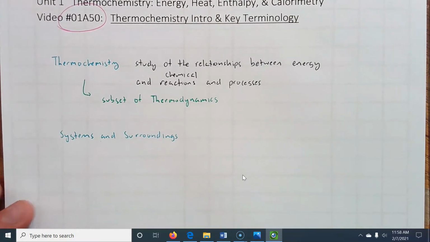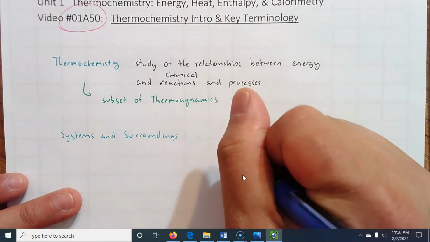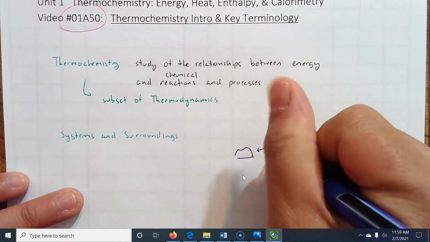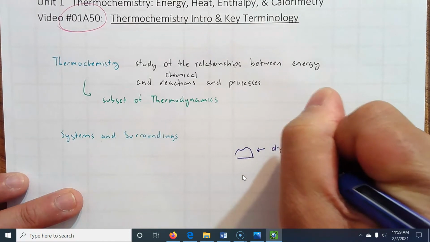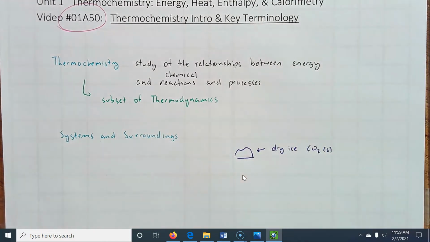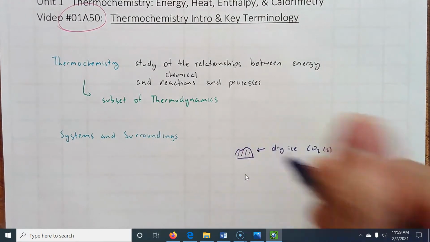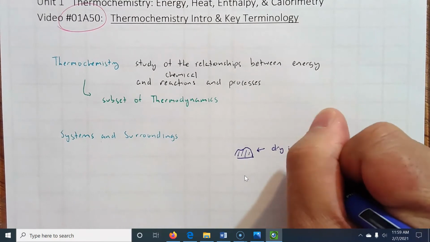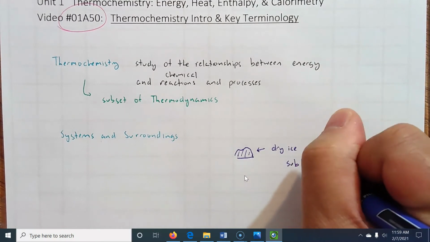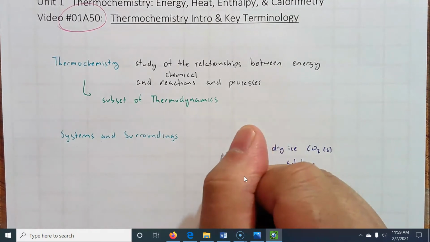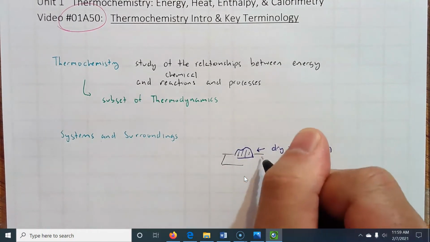And for example, let me put here a cube or a chunk of CO2, dry ice. CO2 solid. And you know that the solid will sublime. It will change into a gas, bypassing the liquid state. So this chunk of dry ice is going to be sitting on a table.